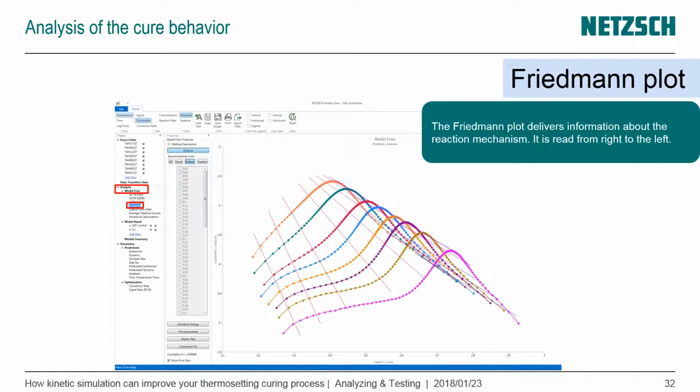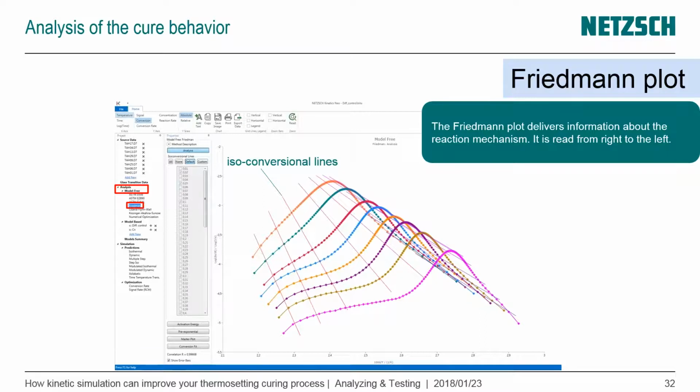So on the right, there's the beginning of the reaction. The lines you can see in there are isoconversional lines. This means following one of these lines, every measurement data determined with a different heating rate show the same degree of cure or conversion when crossing this line.